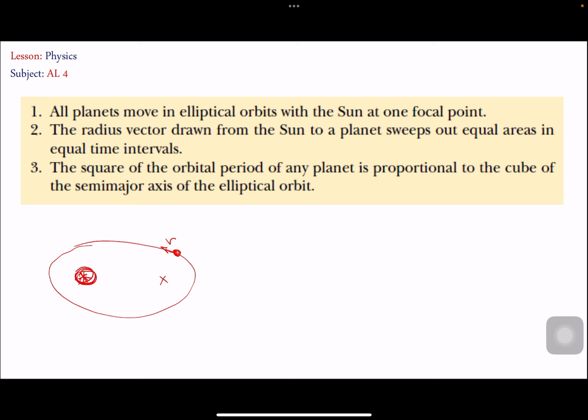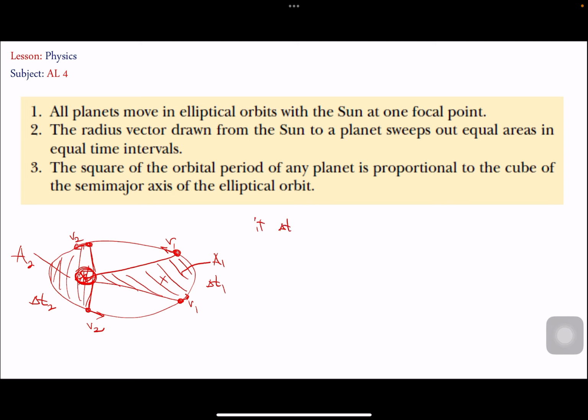It means that if my planet moves from this point to here in a time interval of t1, the shaded area covered by the planet in this time interval equals the area in the same time interval here, of course with a different speed, v2. So if delta t1 equals delta t2, then area 1 will be equal to area 2.